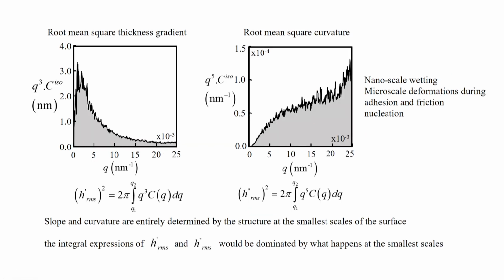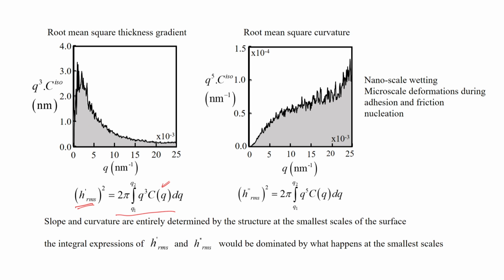We can also obtain the gradient, or the root mean square slope of the surface, represented by h dash RMS square. Here, this is the relation for that. So, one can obtain that. Since you know this C as a function of q, we can easily obtain what this form will be, right.